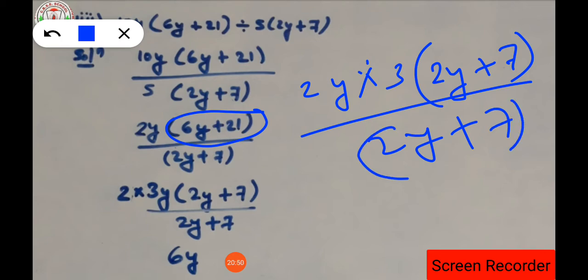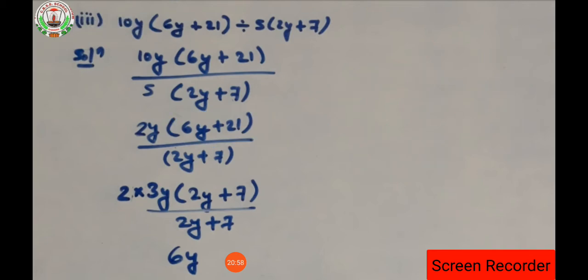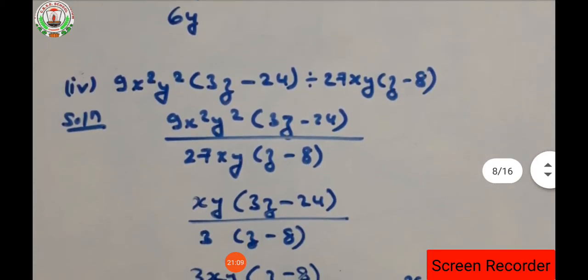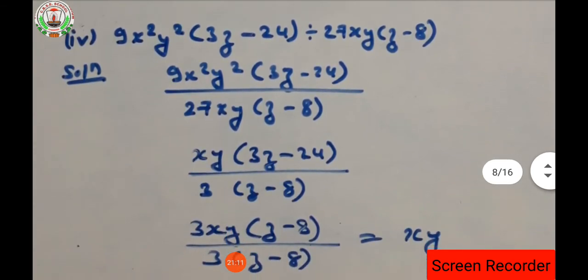Clear? So 2y plus 7 from the numerator and denominator will get cancelled. 2 into 3 will be 6y, which is the required answer. Clear everyone? So it is very important to know how to expand the number and how to take out the common numbers.